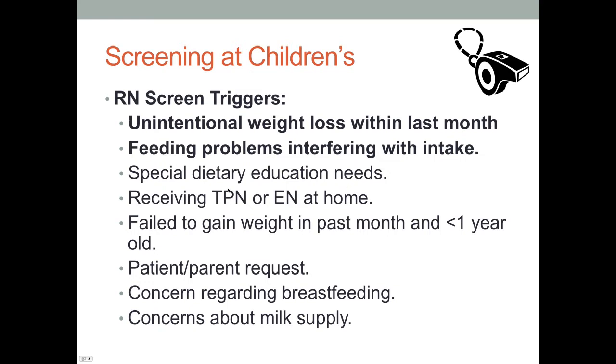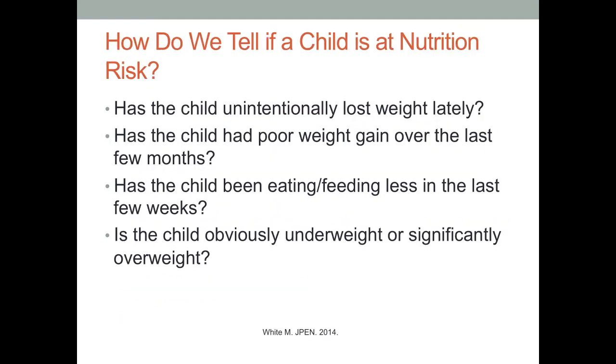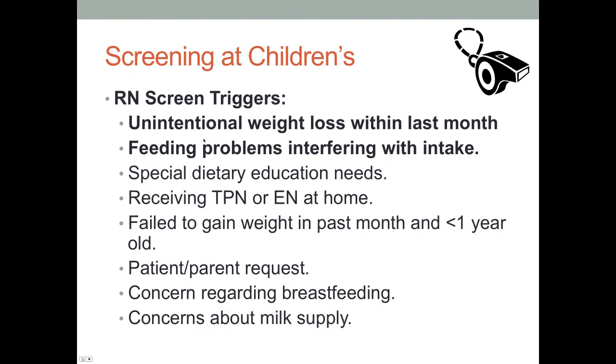But then they also have other screening triggers, including special dietary education needs, if the child's already on TPN or enteral nutrition at home, if they failed to gain weight in the past month and they're less than 1 year old. So that goes to number 2 on that screening tool, although this one includes just young children, whereas the other screening tool includes all. Also, if the patient or the parent requests nutrition, if there's concern regarding breastfeeding or concerns about milk supply.